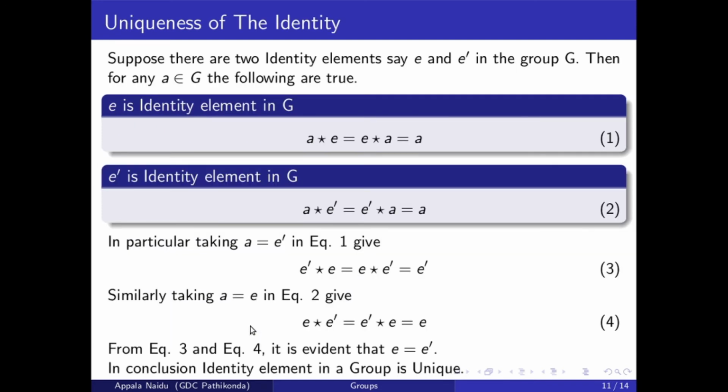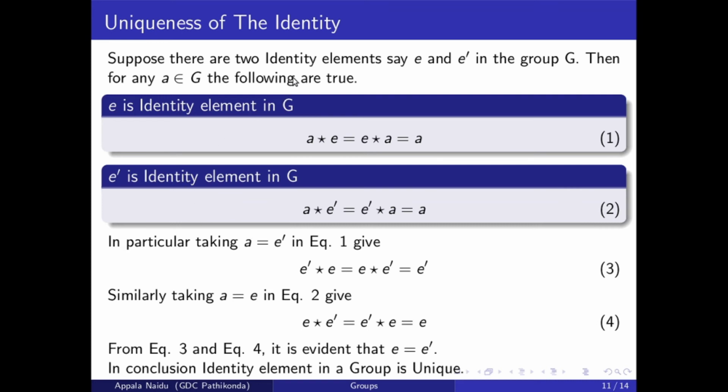Therefore Z is a group with addition. Now let us see some properties of group. In any group, identity element is unique. So let us prove that.